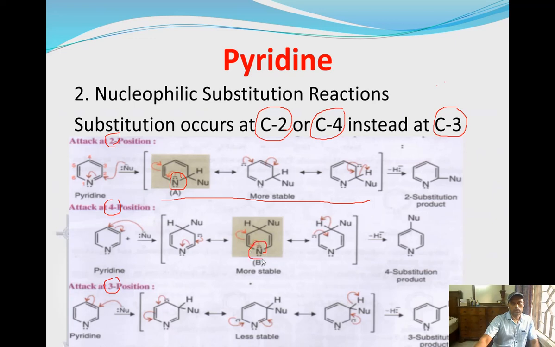In the attack at the C3 position, you are not going to get a negative charge on the nitrogen, so we can say this is least stable. There is no negative charge at the nitrogen. The attack at C2 and C4 is more stable. That's why attack is going to take place at C2 or C4.